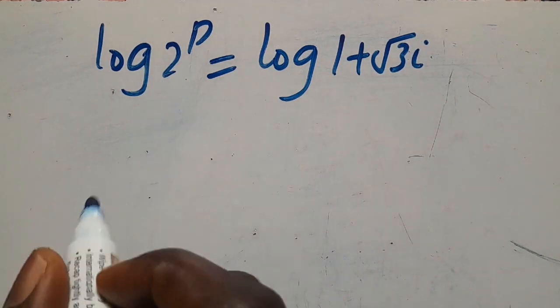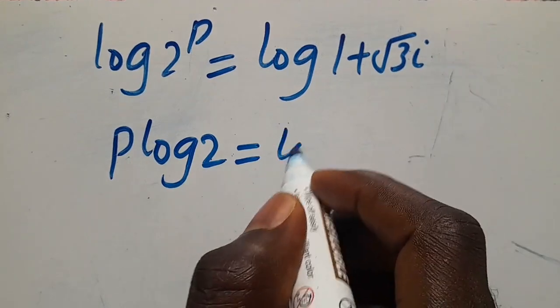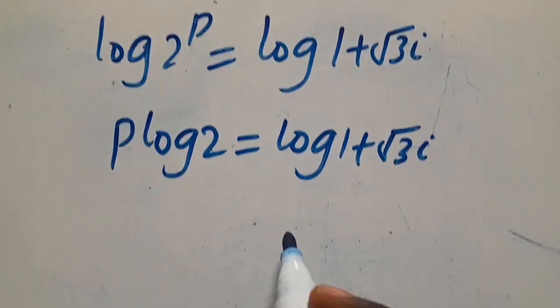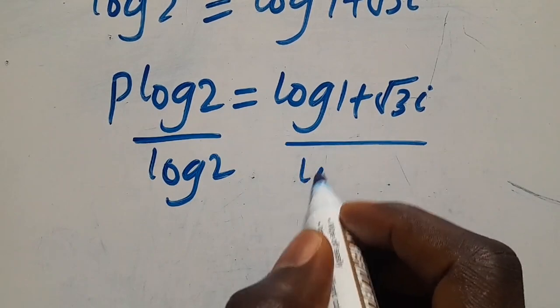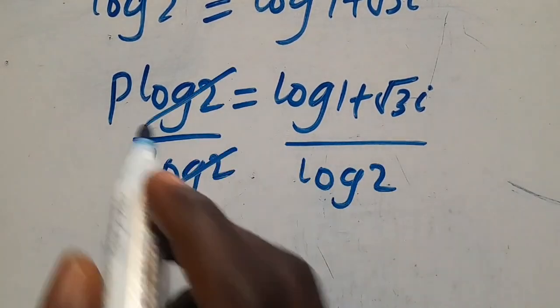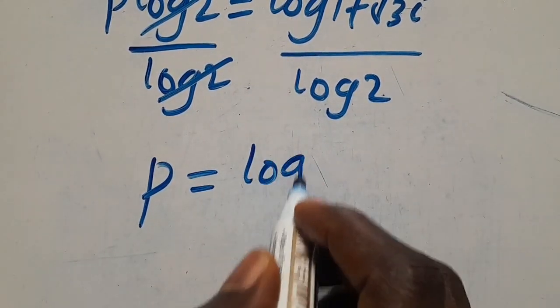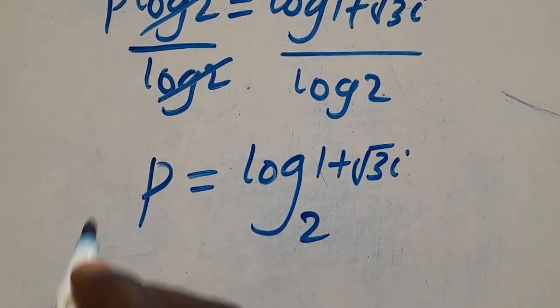So the power comes down as p log 2 equals log of 1 plus root 3i. When we divide by log 2, this and this will cancel, so we have p equals log of 1 plus root 3i in base 2.